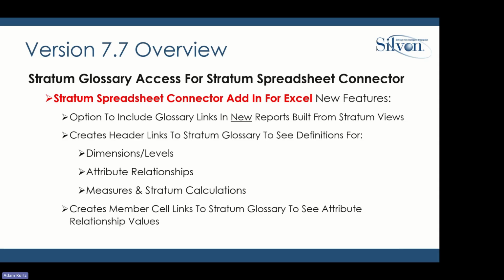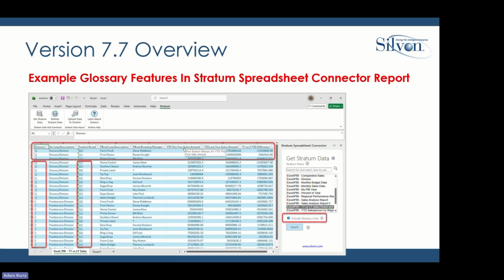It also creates some member cell links. So if you want to see a specific row or cell of detail, like a customer, you can then click on that, and it'll bring up all the attributes for the customer, which is really cool. Here's an example of what that looks like in Excel, where again, you can then include the glossary links within your connection to Stratum.